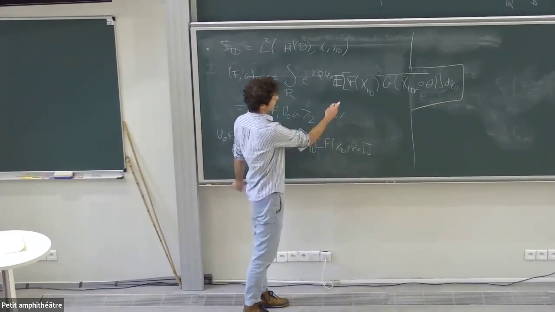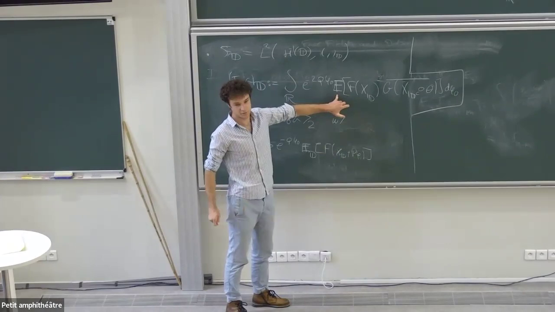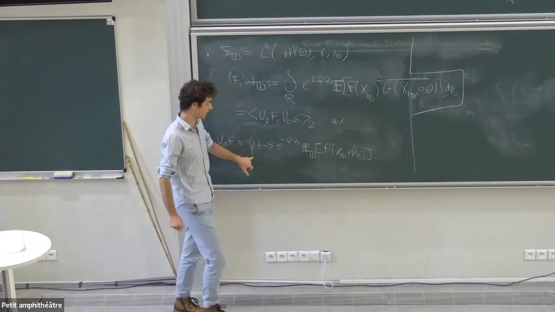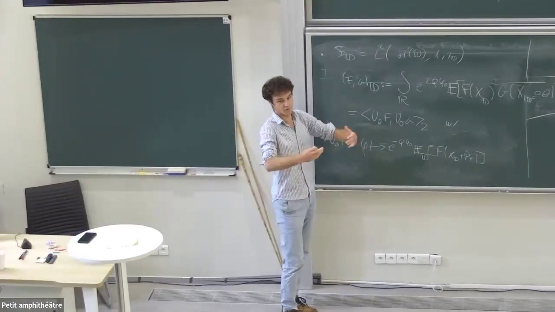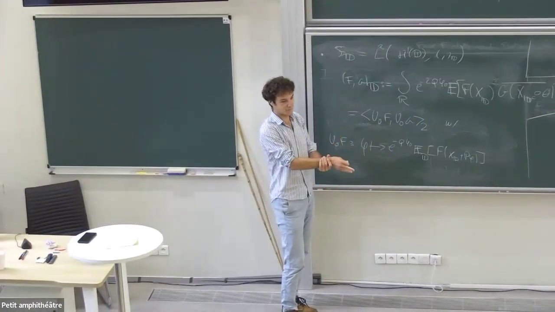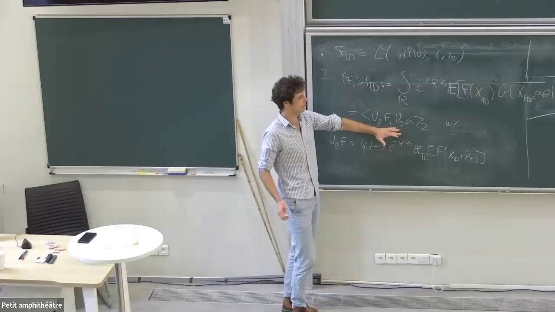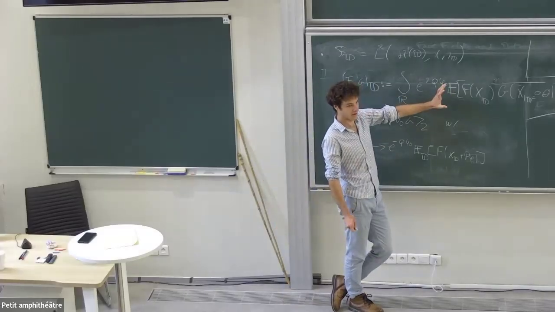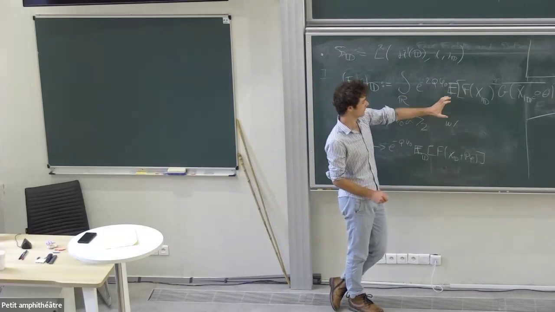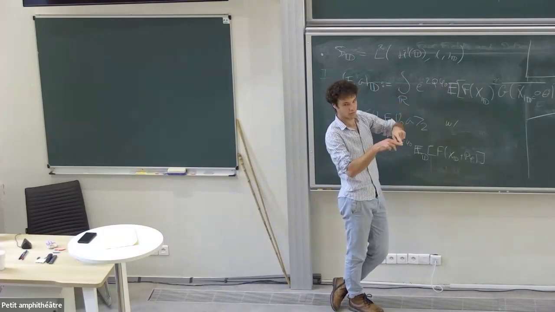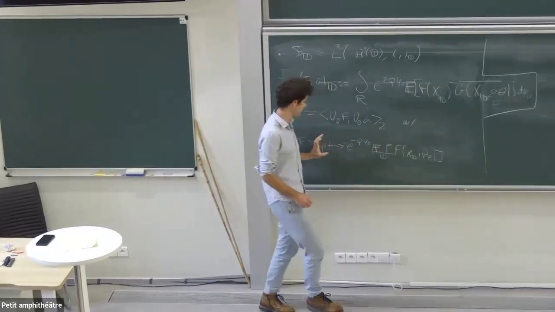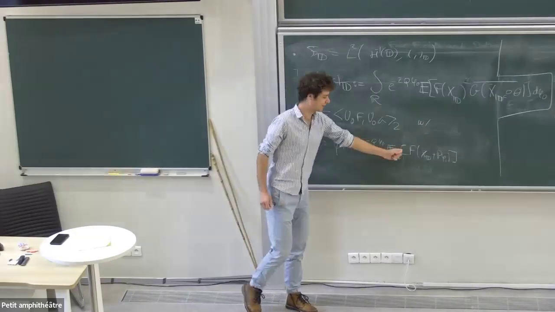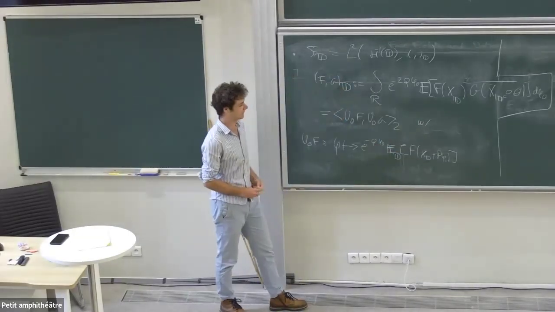This is really like if I want to sample a field under this probability measure, I can first sample a field phi, and then I sample a field inside the disk. This is really what I do here. I decompose this expectation by first saying I first sample a field on a circle, and then from this field on a circle, I define a new functional that will depend on this field inside the disk.